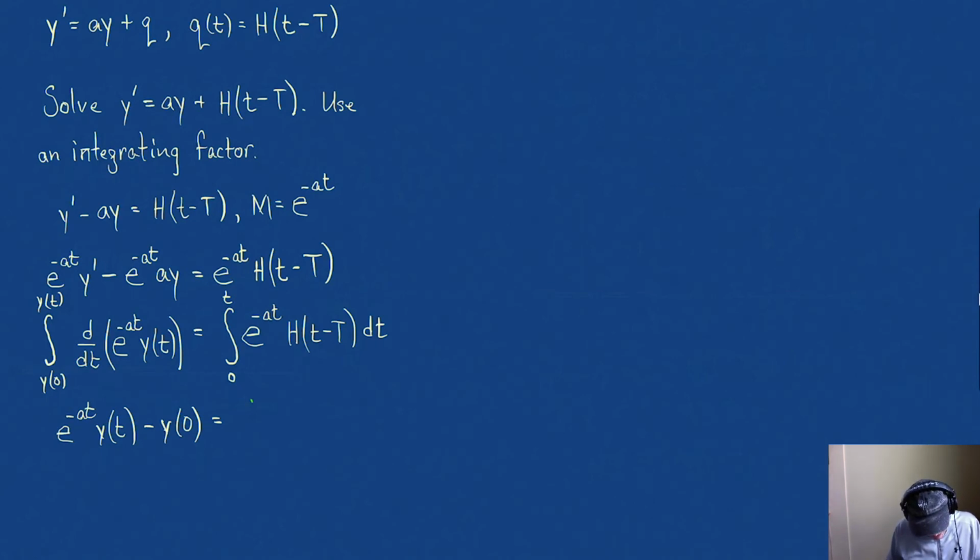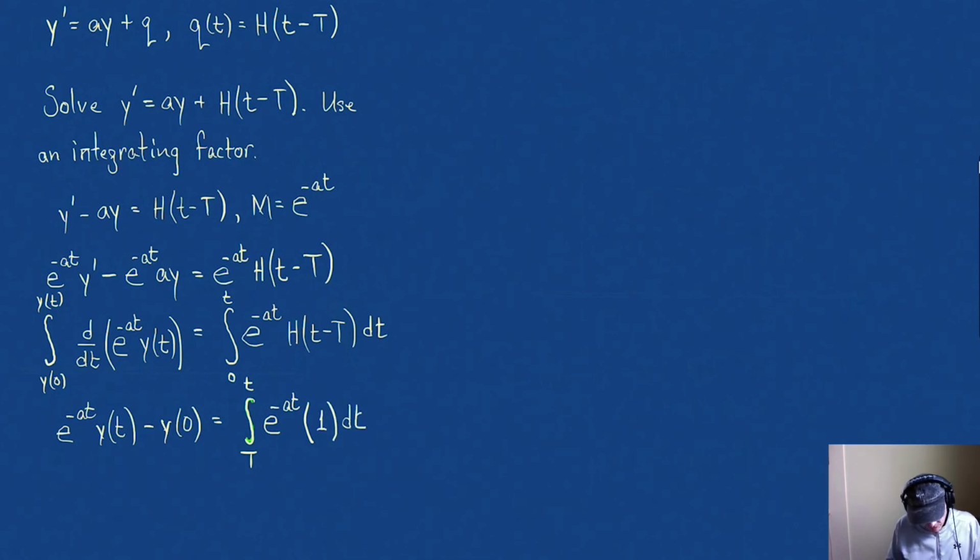This becomes now the integral from capital T to lowercase t of e to the minus at times, and I'm just going to write this so that we can remember what just happened, h of t now is just 1, dt.